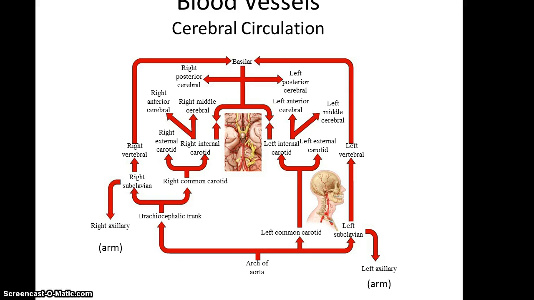So here is an example from your book, the whole cerebral circulation being charted out, and how you have it entering, say, through the left internal carotid artery, and it could go perhaps to the left anterior cerebral artery or the left middle cerebral artery, or maybe it's going to enter the circle of Willis. And basically, these are pathways you're going to need to know for the exam.